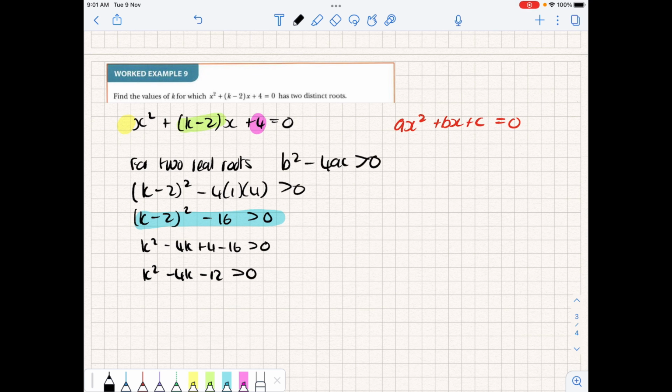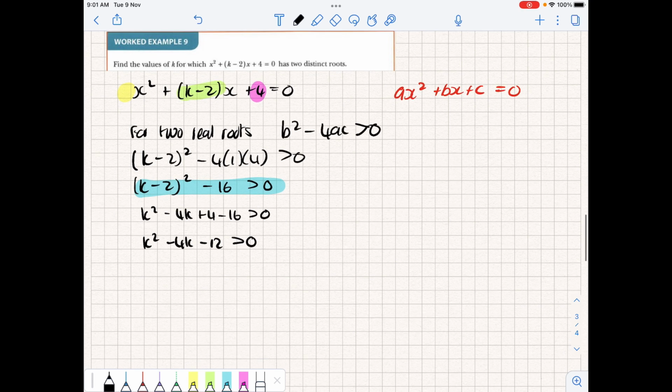Like with all quadratic inequalities, we're going to find the critical values. The critical values are the roots, or the solutions when this is equal to 0. So we say k squared minus 4k minus 12 equal to 0. Let's factorize: k minus 6, k plus 2 equal to 0.